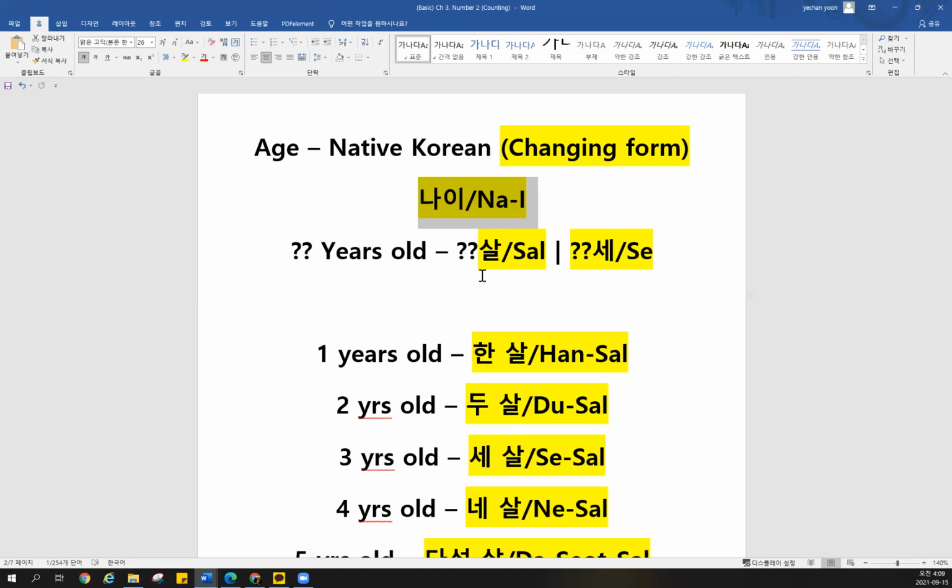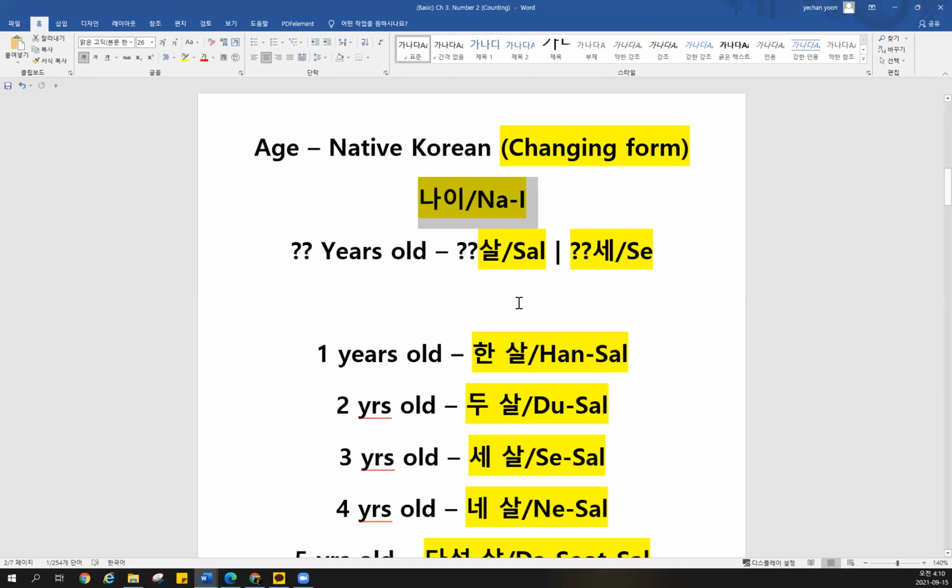So blah blah 살 is more used for speaking out and answering. Blah blah 세 is usually for documentation. Both of the words are used frequently, so I hope you can memorize both of them as well. Okay. All right. The next one.